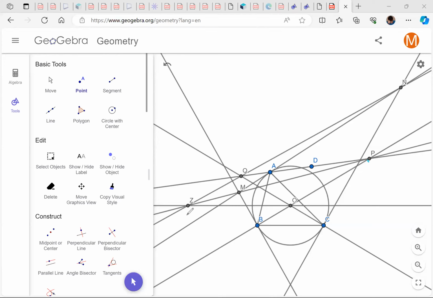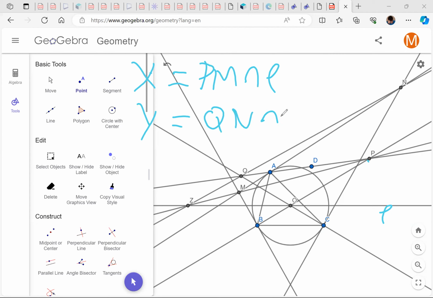So obviously, we don't know where Z actually is, so I'm just going to define X and Y. Let X be PM intersect L, where I'm going to call this line L. And then Y equals QN intersect L. My claim is that there's a sequence of elementary correspondences from X to Y. That's pretty cool.